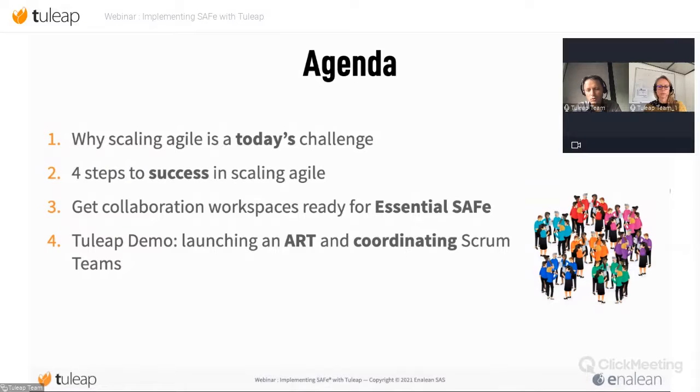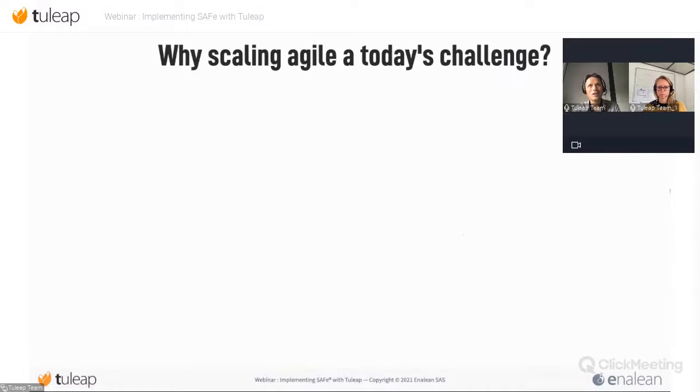We'll focus on SAFe Essential and explain how several workspaces can be organized. And we will finish with a demo with Tulip. We'll start with the Agile Release Train, and we'll show you how we can coordinate several Scrum teams. So I let Manon explain what the scaled agile challenge is.